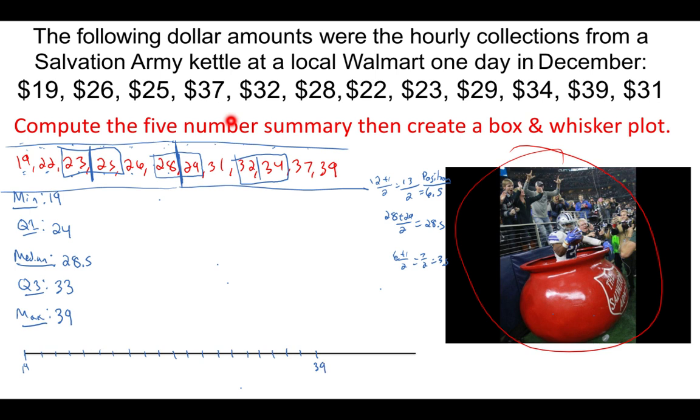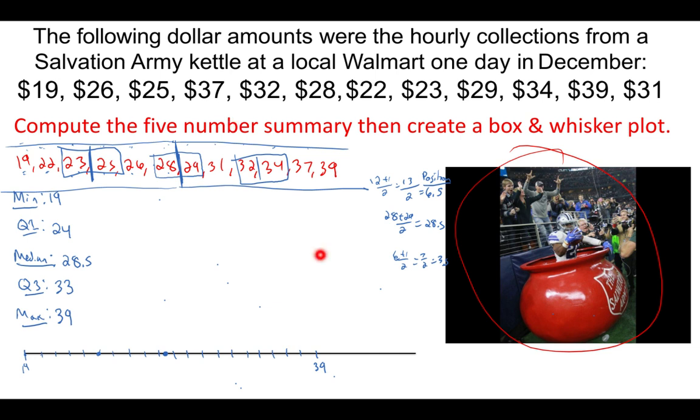So label the lowest and the highest. And then let's label the other ones we're going to need. Quartile 1 is at 24, so 20, 21, 22, 23, 24, right here. Then 25, 26, 27, 28, 29, so 28.5 is going to be right there.